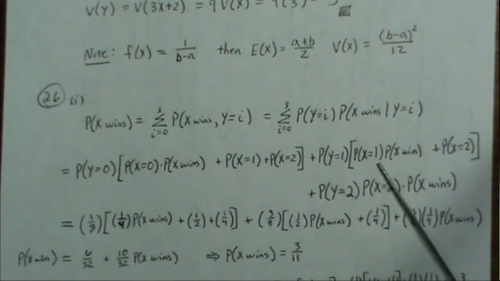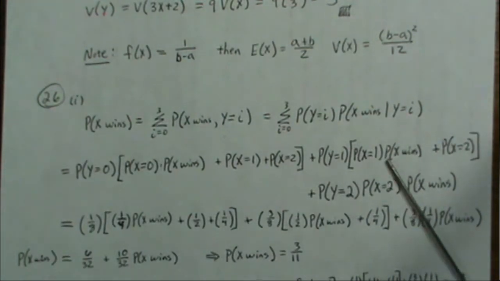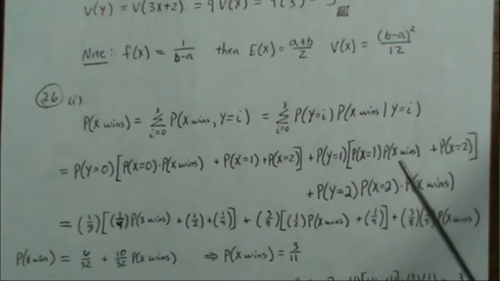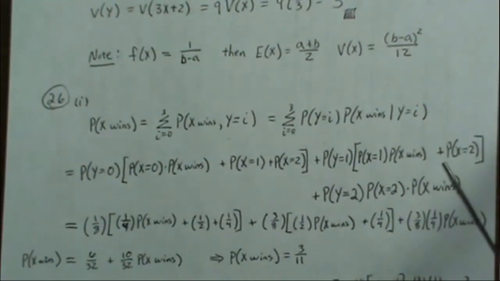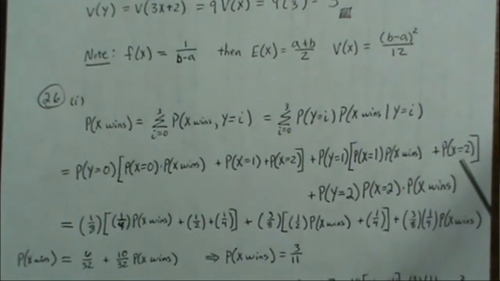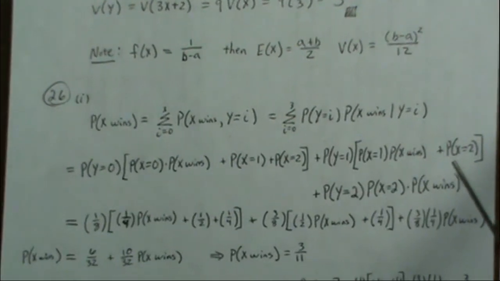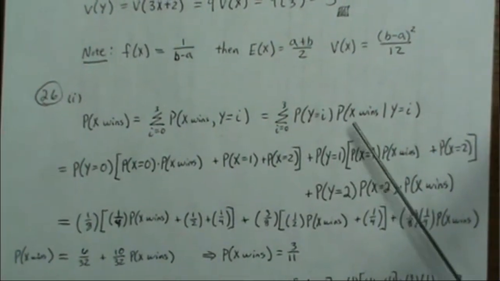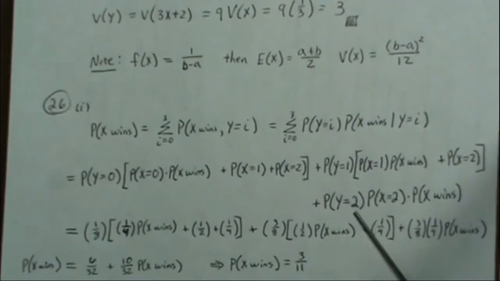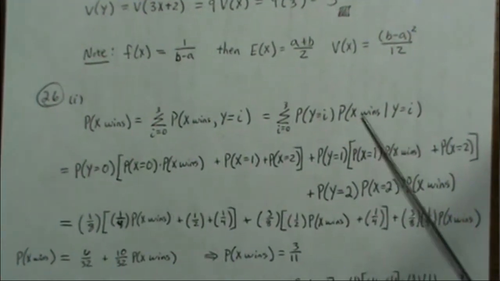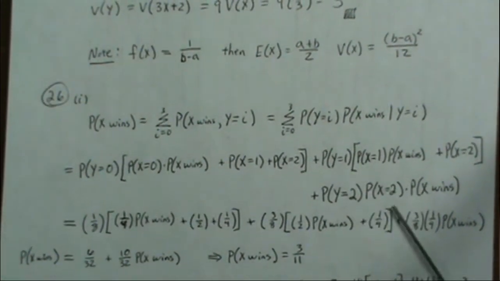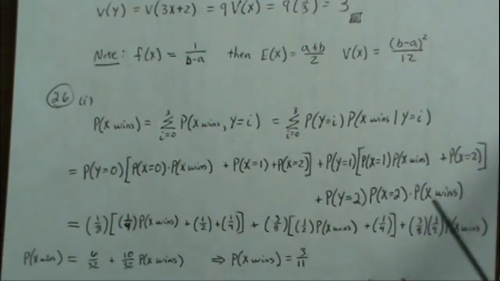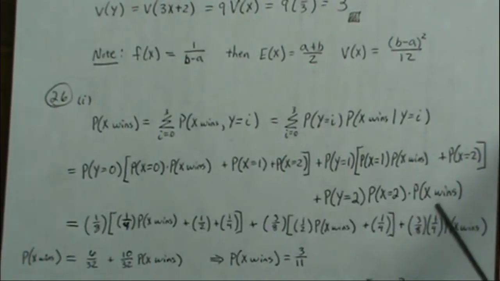Well, if X rolls a 1, times the probability that he wins on the next roll, and X could also just roll a 2 and then win outright. And then when Y is 2, how can X win? That's if he rolls a 2 and wins the next time.